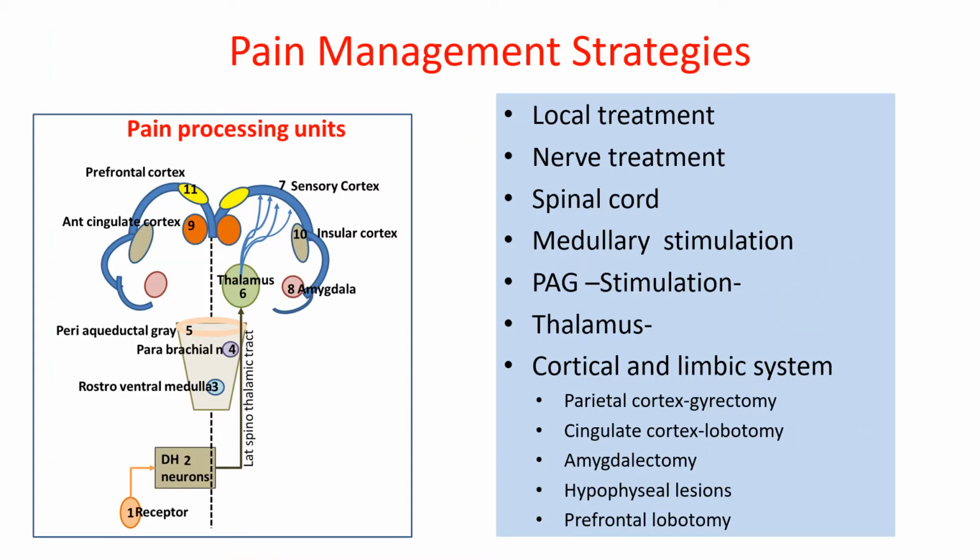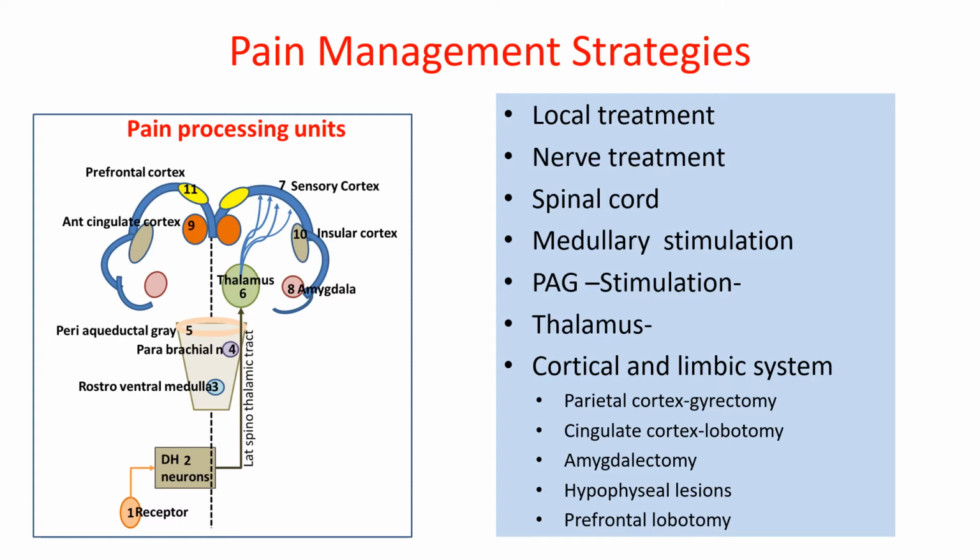Considering the pain pathways, now we consider the various strategies for the management of pain. One, this could be managed at a local level, at a nerve level, that is transmission in the periphery, and then in the spinal cord, in the medulla, in the midbrain, in the thalamus, and in the cortical and limbic areas.